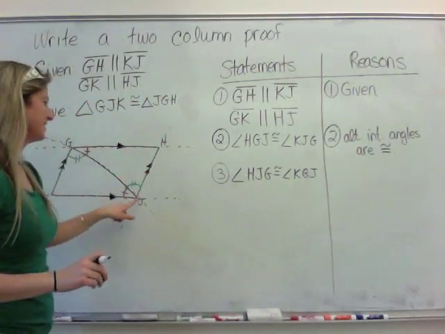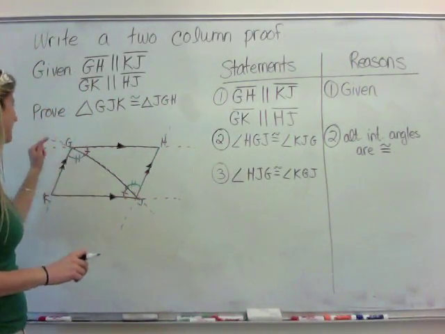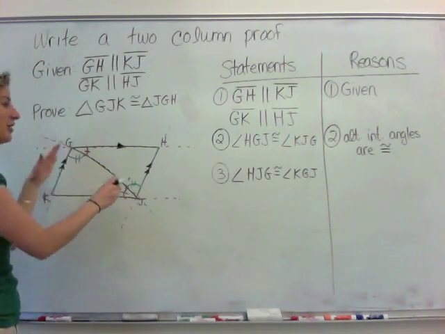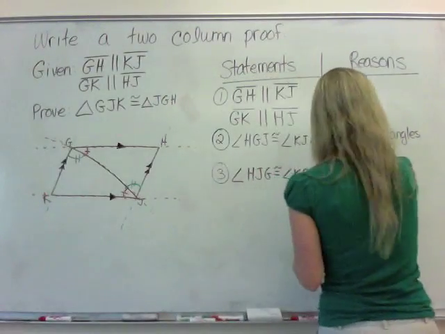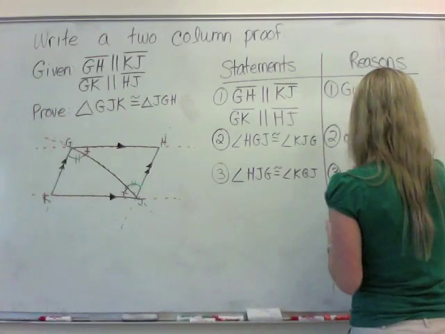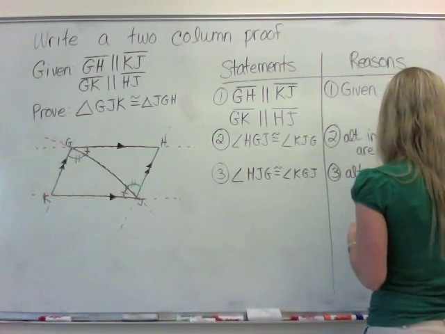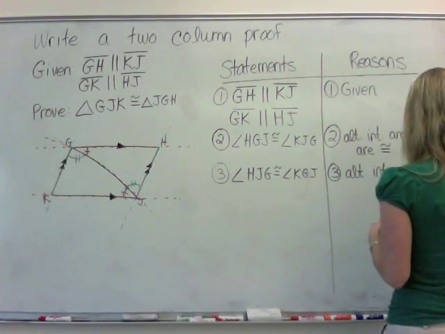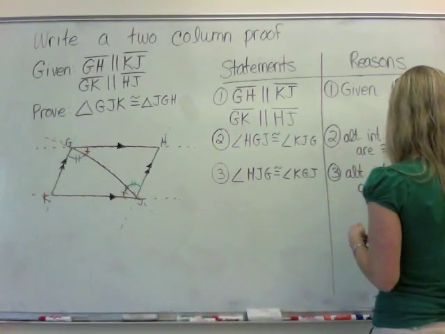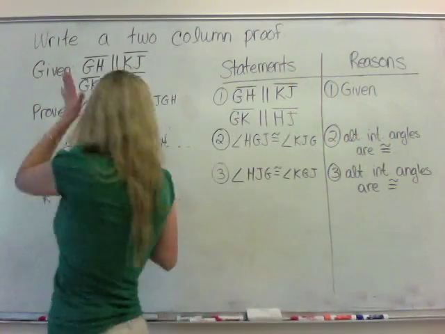Okay, so angle HJG and angle KGJ are congruent to each other because they're alternate interior angles. We know that alternate interior angles are congruent.